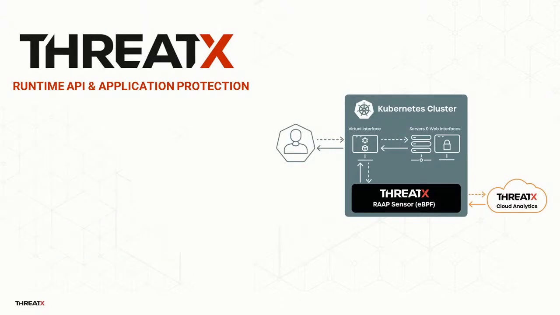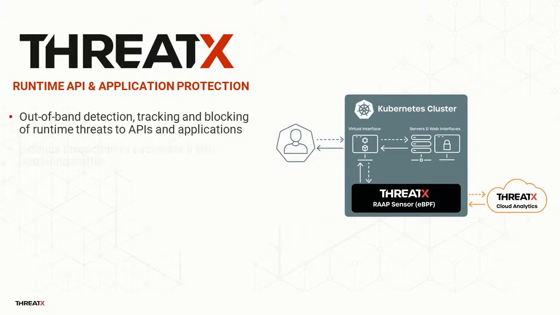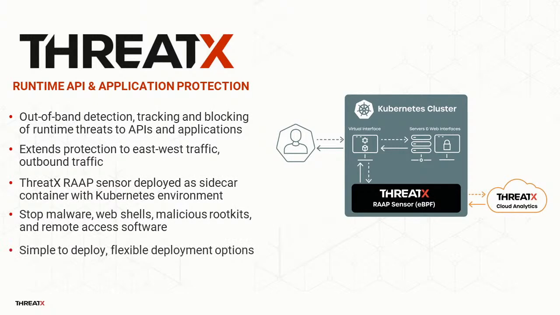ThreatX Runtime API and Application Protection is the first cloud-native solution to detect and block runtime threats to APIs and applications. Its patent-pending capability leverages eBPF to extend protection to the runtime environment and deliver real-time blocking for runtime threats.